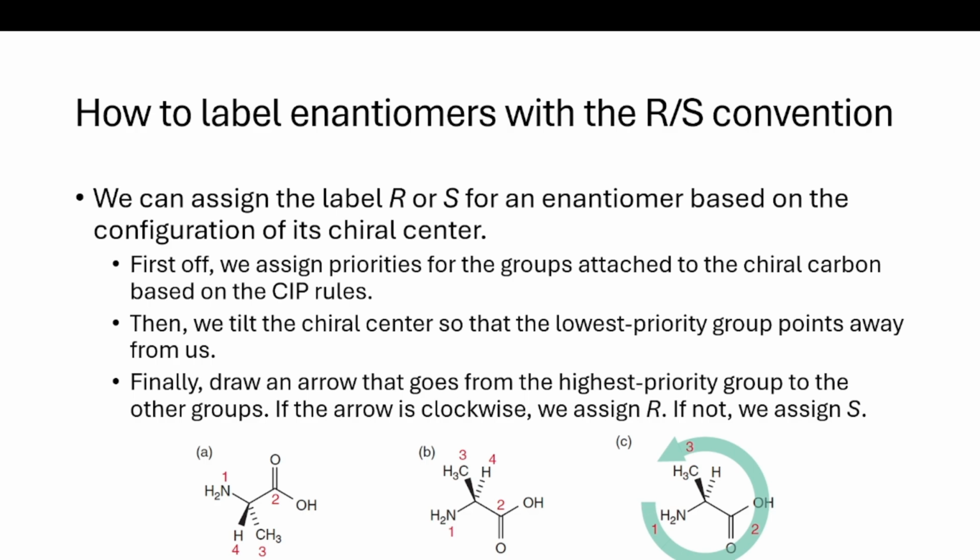Then we can draw an arrow that goes from the highest priority group to the other groups. In alanine, we get 1, 2, 3, and it goes around counterclockwise. Since the arrow is counterclockwise, we assign this S. But if it's clockwise, we assign it R.